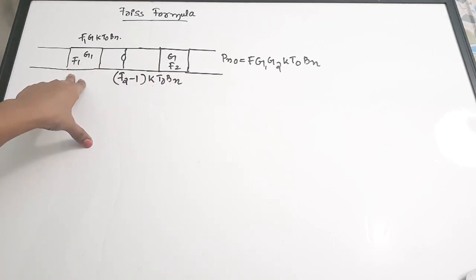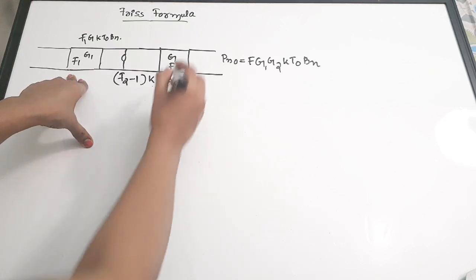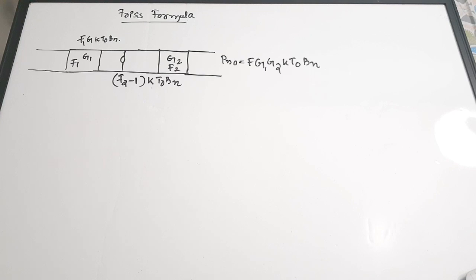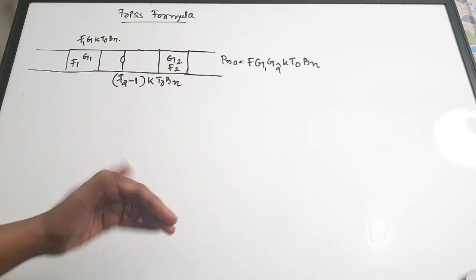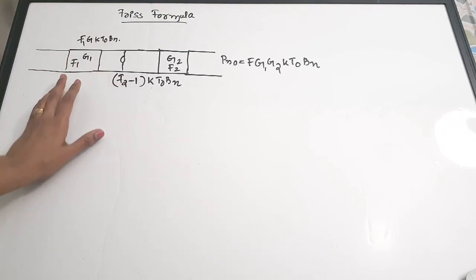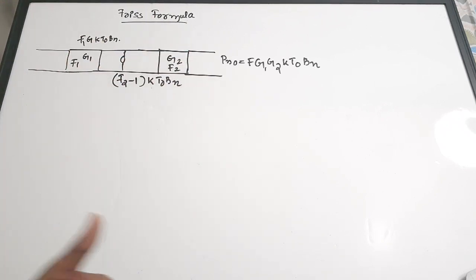The first amplifier has a gain of G1, and the second amplifier has a gain of G2. The noise factor of the first stage is F1. For the second stage, the noise factor is F2.